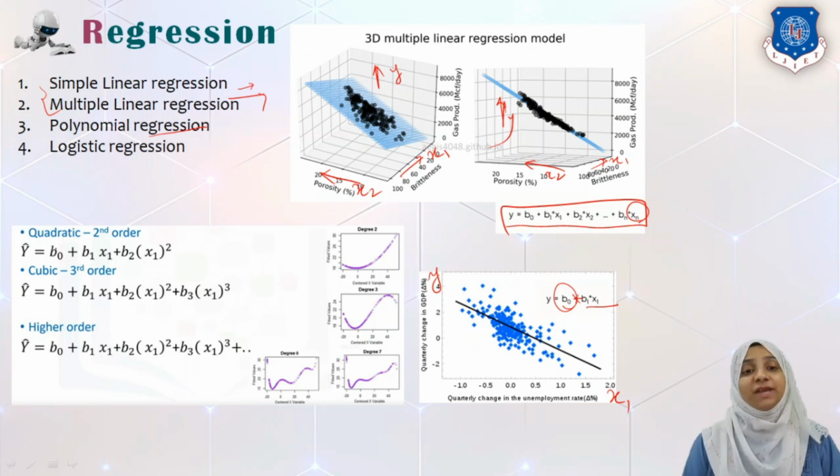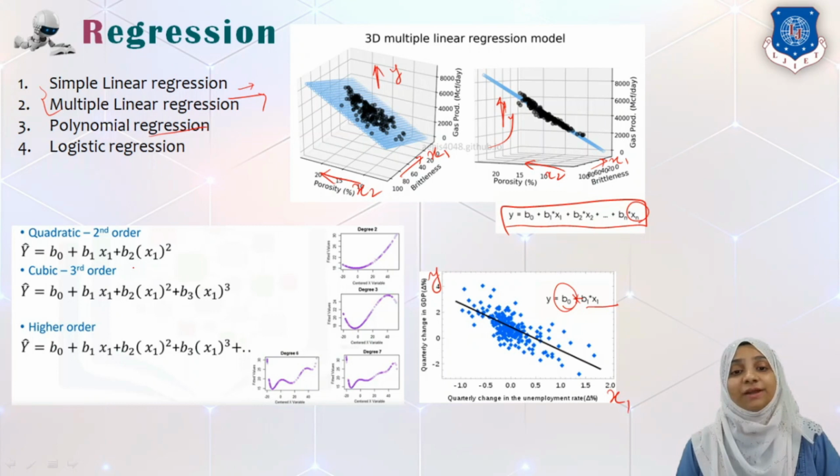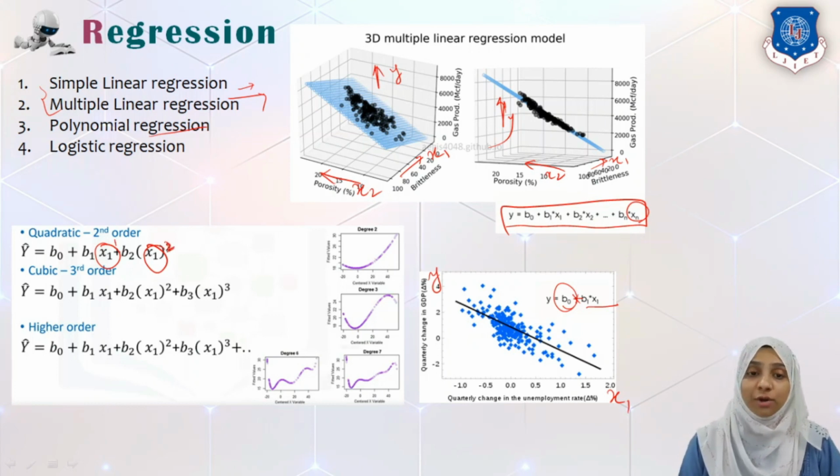The polynomial equation for quadratic order looks like this: y equals b0 plus b1 x1 plus b2 x1 squared. Here you can see we have only one input variable, but that variable is used twice: first time with order 1 and second time with degree 2.